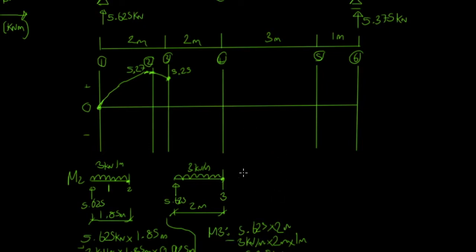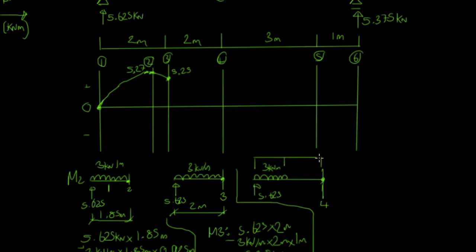So if we do the same as we have done before and just get all this out, at point 4, if we were to make a cut along there, that's point 4, we've got reaction force up of 5.625, and then we've got our line load of 3 kilonewtons per meter, and there's not enough room here, like that. That is acting 2 meters there, 2 meters there.